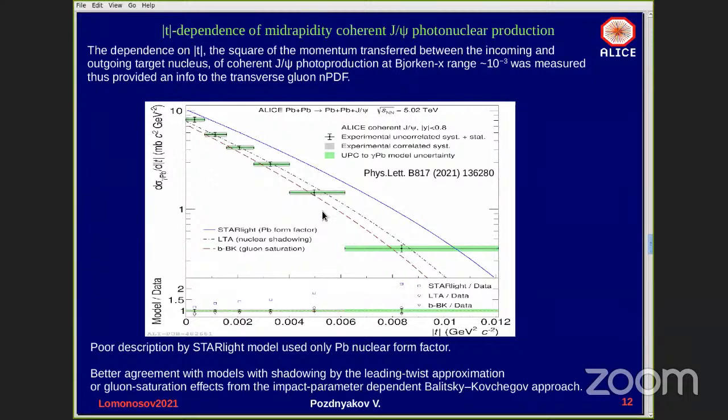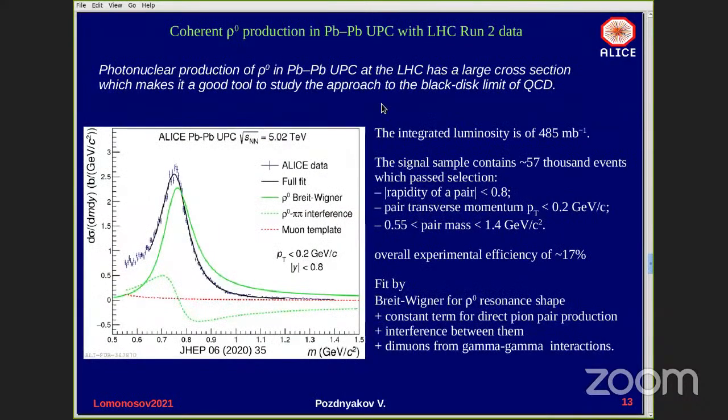And a bad agreement comes from the model with the shadowing by leading twist approximation, from these two models, which are impact parameter dependent, and the Balitsky-Kovchegov approach.